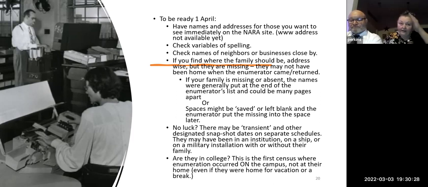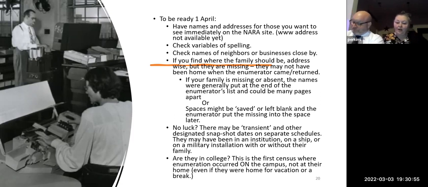So if you don't find them in the order of their address, look at the end of that enumeration district and see if that address isn't written in and then your family's stuck in there. That could be very helpful. So it could be at the end of the list. It could be in the blank spaces that they left. Hopefully you'll find them in one of those.